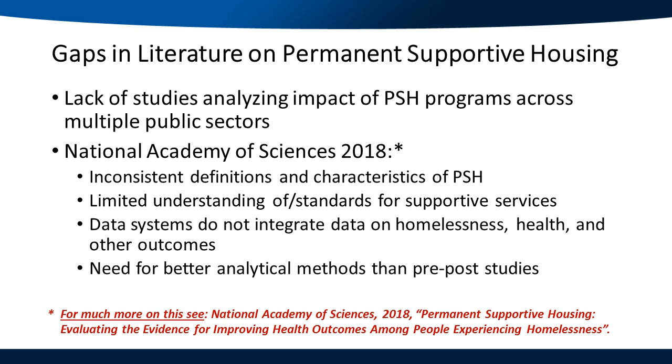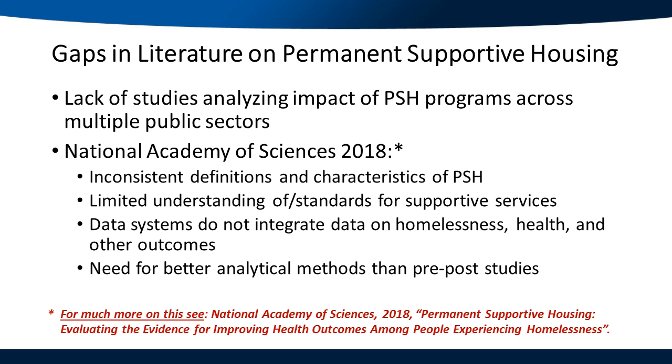There's also very limited understanding of what the standards are for supportive services. So what specific services are actually provided to clients of these programs. Finally, they also found that the data systems that we have in place right now do not allow for integrating the data on homelessness, health, and other sectors, and so makes it very difficult to evaluate the impact of these programs on a system-level scale.